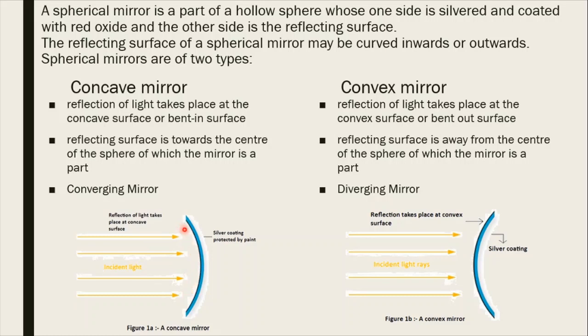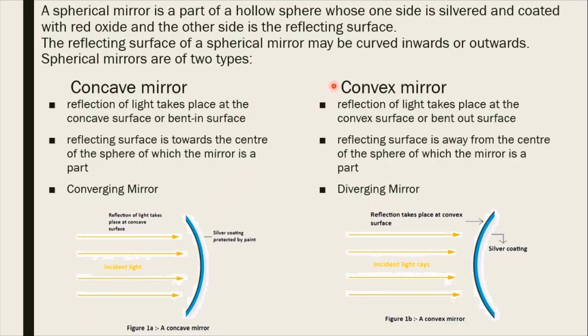If you see over here closely, my laser is hovering around the caved-in surface of the mirror, and this caved-in surface will be my reflecting surface. Obviously, this surface is towards the center of the sphere of which this mirror is a part. A concave mirror is also called a converging mirror. We will study about it later.